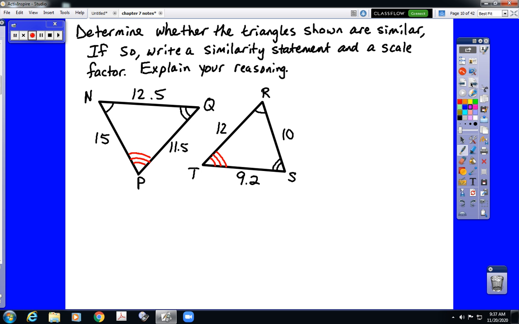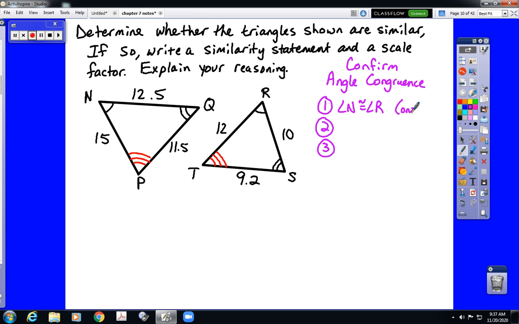So what we do is we go in here and we say, first of all, we need to confirm that the angles are congruent. We're going to do that by writing out the three angle congruence statements. So in the picture, we have angle N is congruent to angle R because they each have one mark.